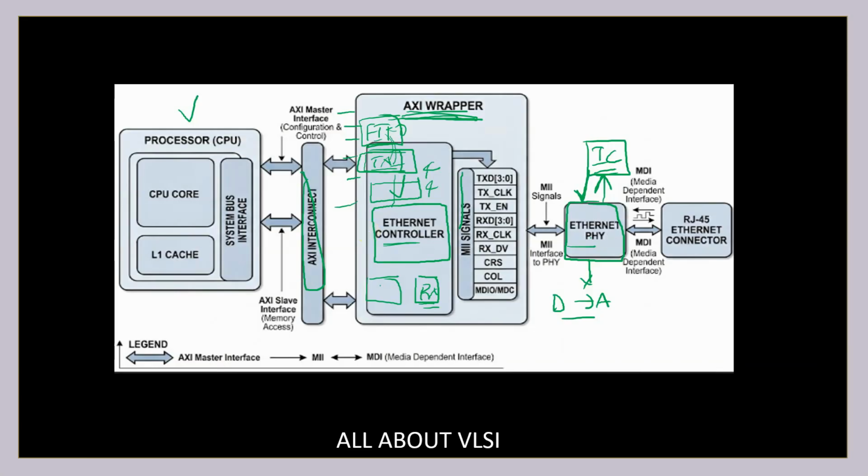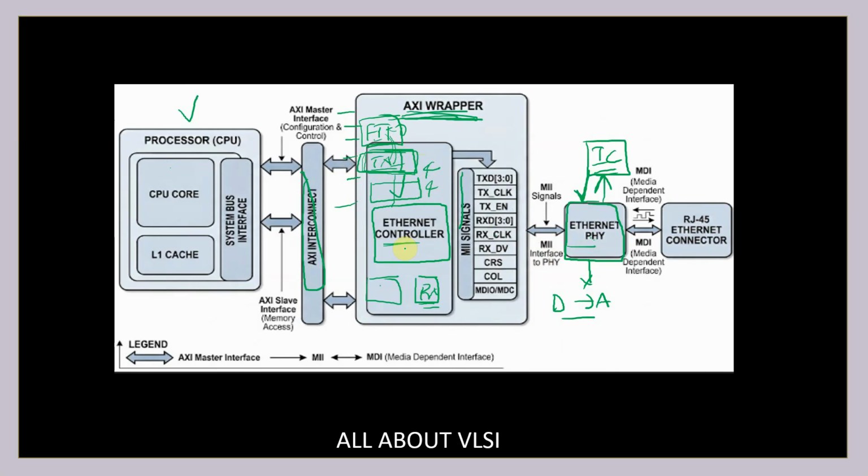If I want to give you an overall idea, this is what is going to happen. On the TX side, the processor sends the data to the FIFO. From the FIFO, the TX MAC controller pulls it, creates a frame, and gives 4-bit data to our MII interface, and the MII interface sends it through the Ethernet physical to the external world.